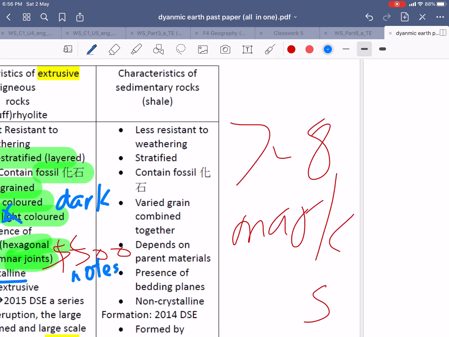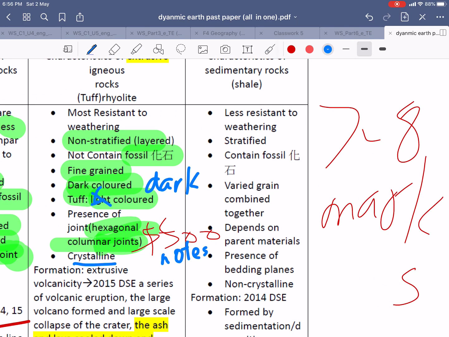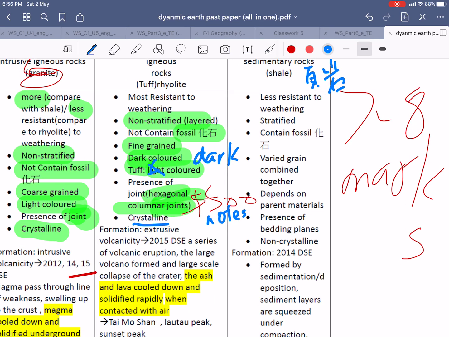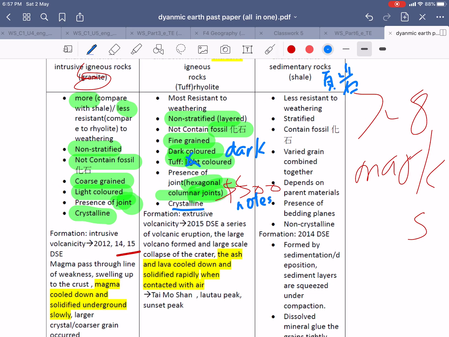Okay, just like the sedimentary rock, in Chinese, which is called just like a piece of sheet. Okay, sorry for my pronunciation. Okay, and then what's shale? It is less resistant to weathering compared with intrusive igneous rock and also extrusive igneous rock.